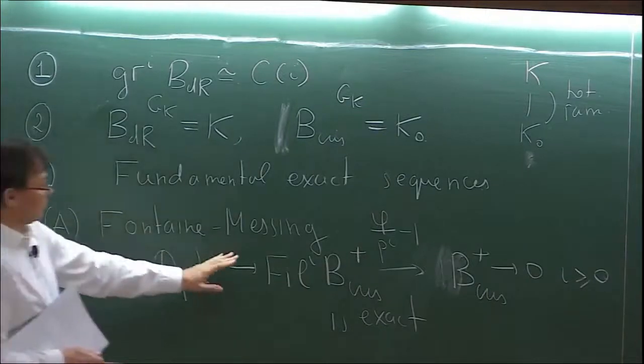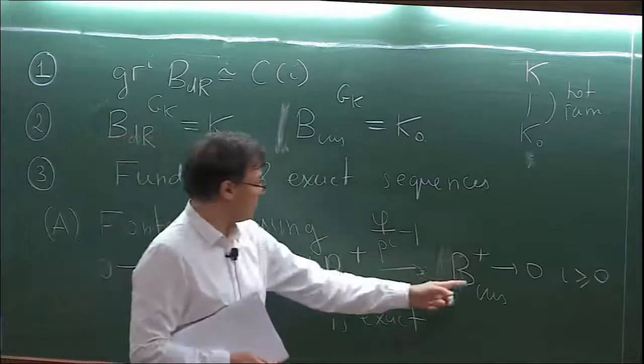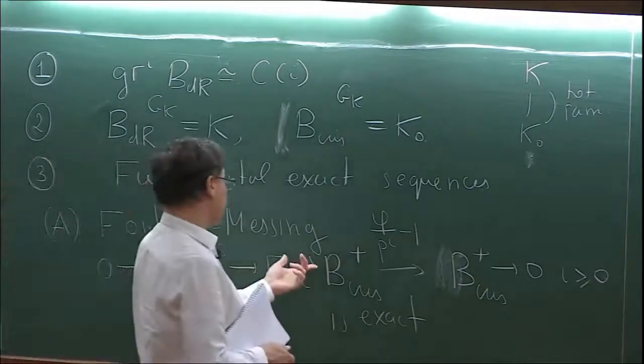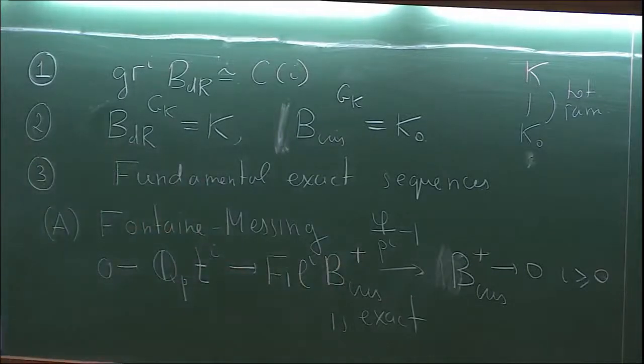So we immediately see that this lies in the kernel of this map. Yes, this is again the filtration induced from B_dR.